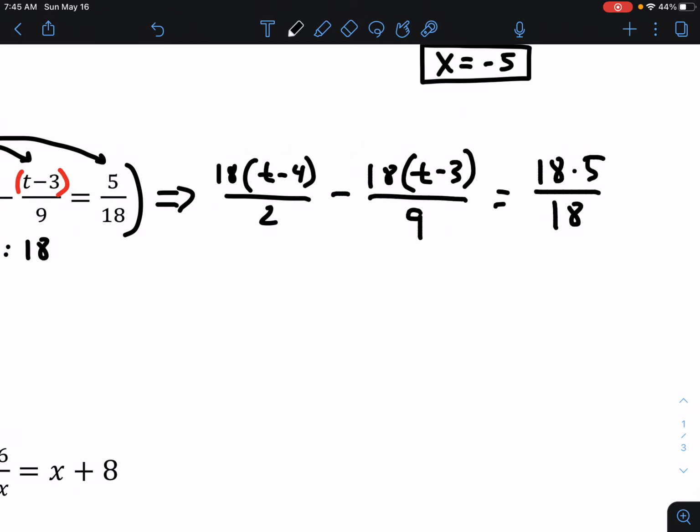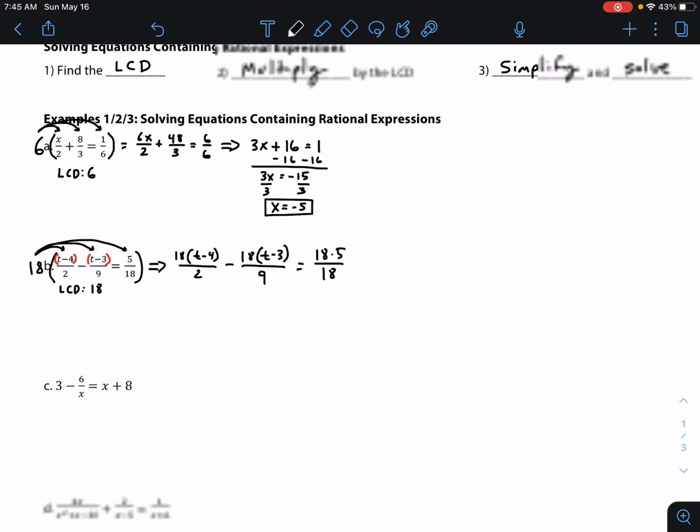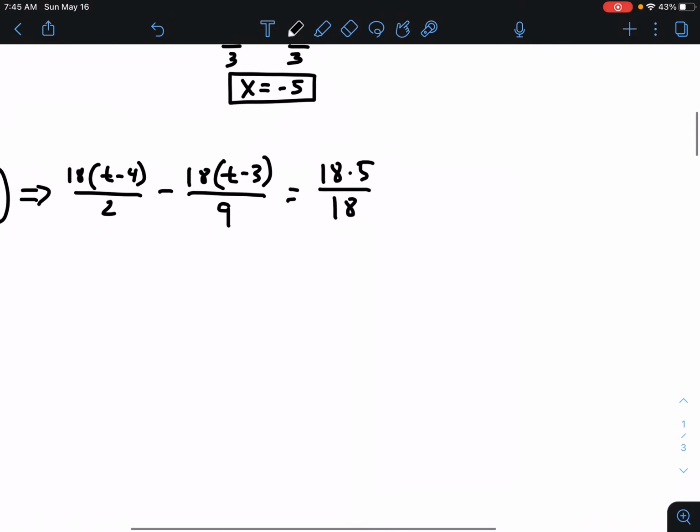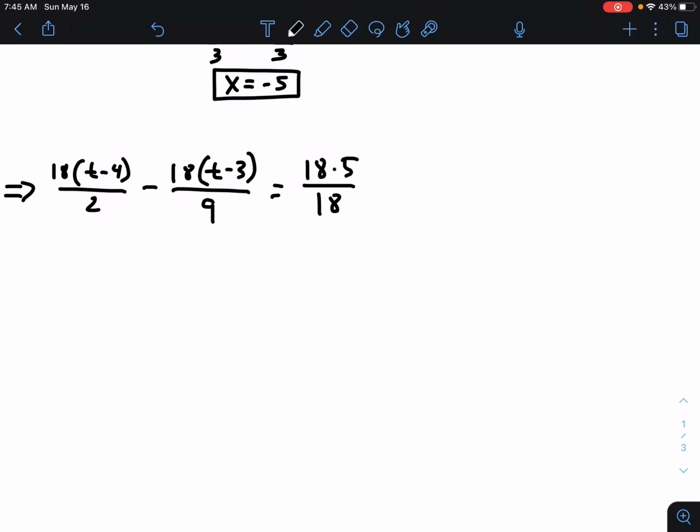All right, so what do we got here? Okay, I can go off here to the right still. All right, so if I go off to the right, the first fraction, 18 times t minus 4 divided by 2, since it's 18 times, parentheses t minus 4, I can just divide the 18 by 2, so that 18 becomes a 9. All right, so here we go.